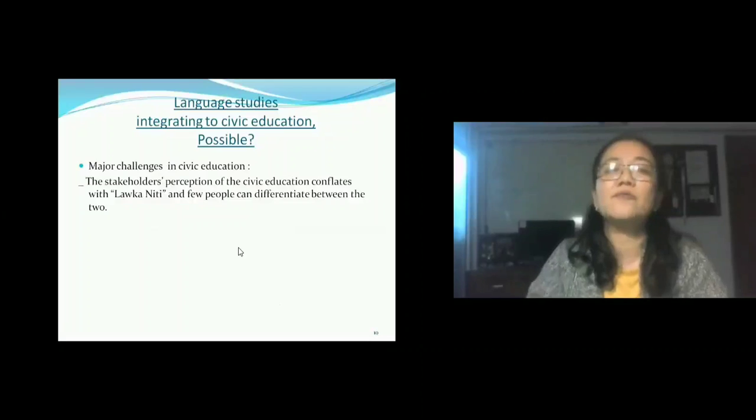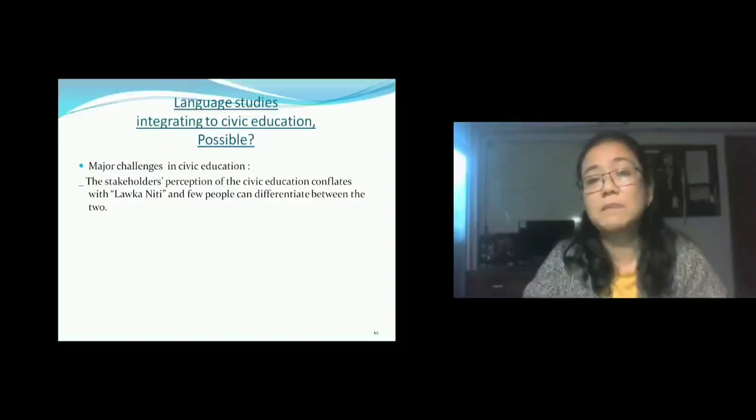The first is the stakeholder perception of civic education, because most teachers' perspectives conflict with the local needs.